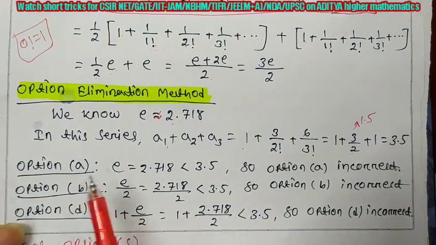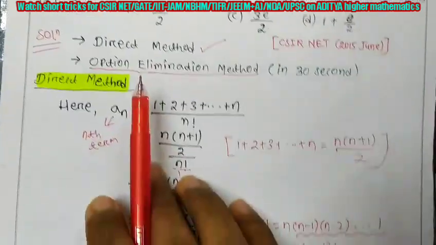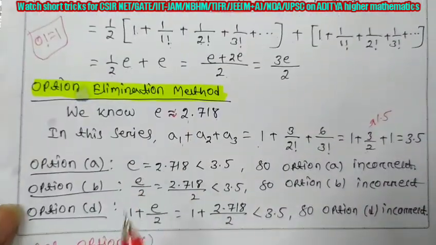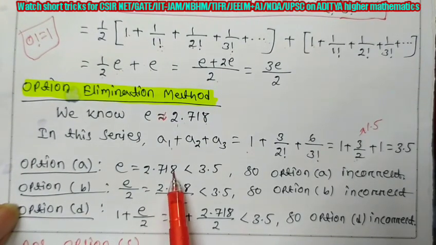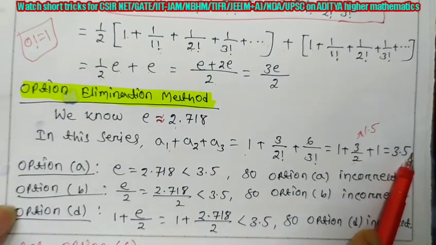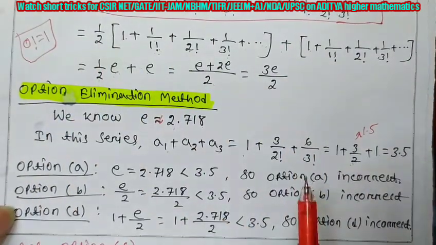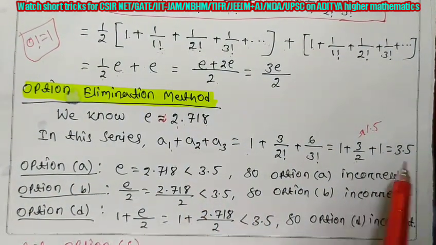Now what about option A? In this question you can see option A is given e, option B is e by 2. So first we will discuss option A. Option A is e, whose value you know is 2.718, but the sum of the first 3 terms only is 3.5. And in this question you are finding the sum of infinite terms, so obviously that value must be greater than 3.5.